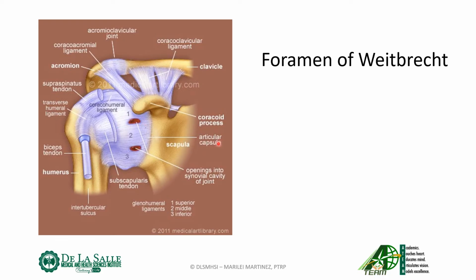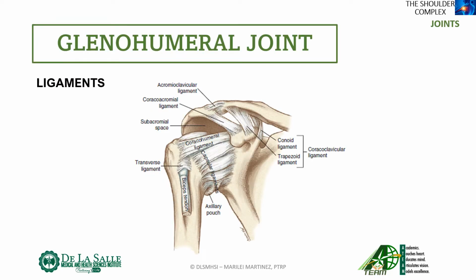Please remember that. For the ligaments, let's first discuss the glenohumeral ligaments. We have three. Your superior glenohumeral ligament runs from the supraglenoid tubercle of the scapula to the anatomical neck of the humerus.